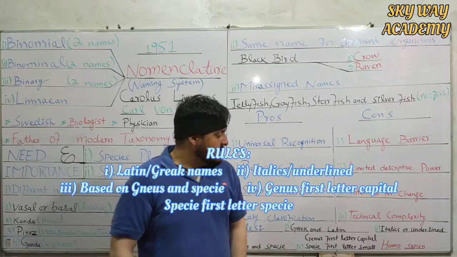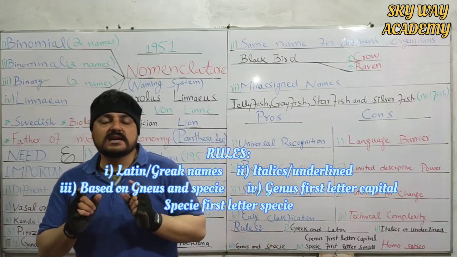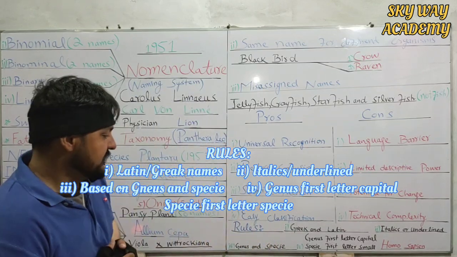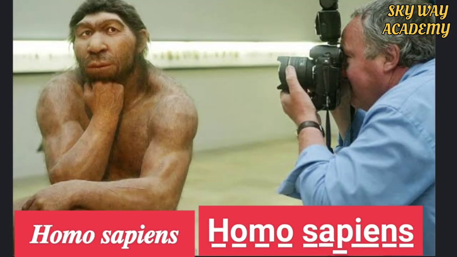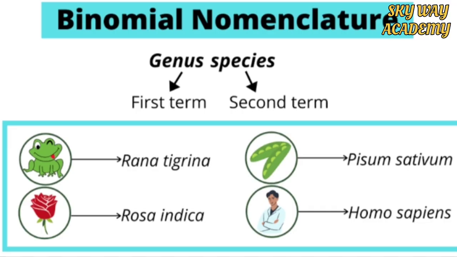The fourth rule is that the first letter of the genus should always be capital and the first letter of the species should always be small. For example, Homo sapiens is the scientific name for human beings.